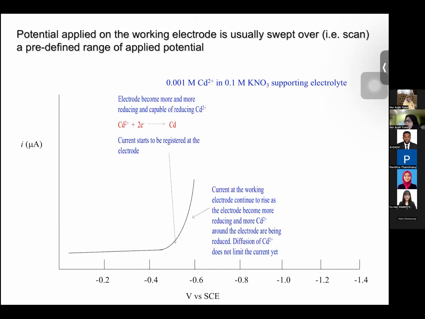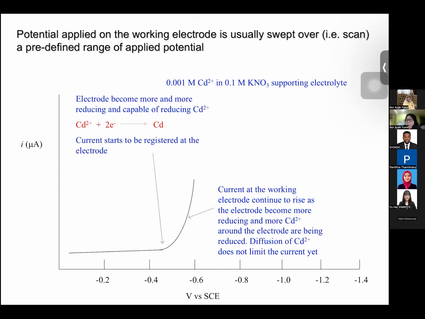Let's look at the detail of the reading. This is what we call a voltammogram. If it is chromatography, it is called a chromatogram. This is a voltammogram from the voltammetry technique.